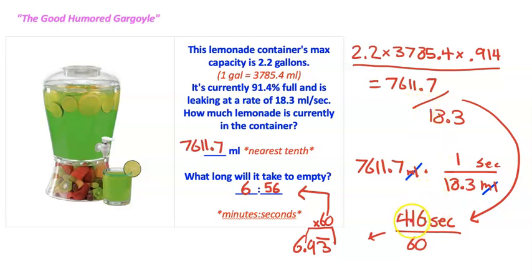And then you get to the nearest second, you get 416 seconds. Take the seconds divided by 60 to get the minutes as a whole number and a decimal. So the 6 would be the minutes, and then the 0.93 would be the decimal of minutes. So to convert that back into seconds, you got to take it times 60. So 6 minutes and 56 seconds is when that lemonade container is going to be empty.